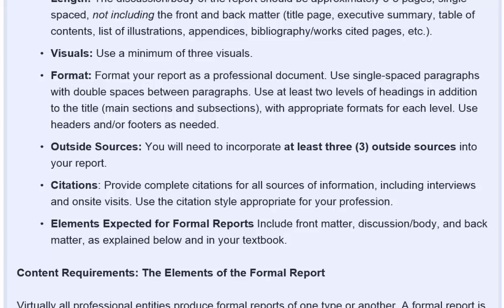It does not use APA or MLA. Same thing with mechanical engineering, same thing with the American Medical Association. So this will require you to research what type of citation style would be appropriate for your field and then learn how to use that citation style so that you can begin practicing in the citation style that you will need to use in your future line of work.